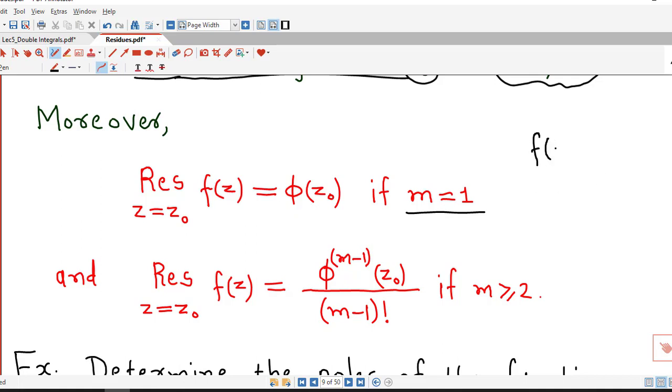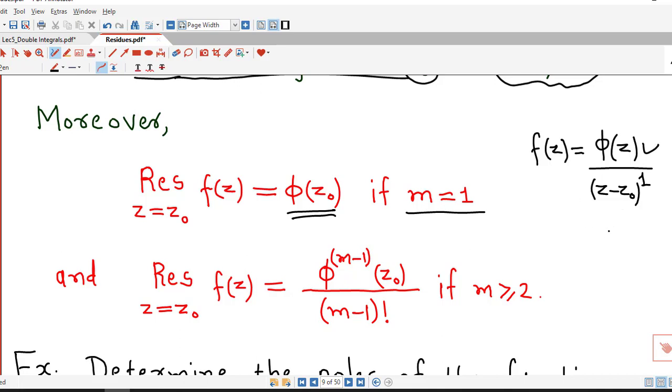So if f of z can be written as phi of z over (z minus z0) to the power 1, then f of z has a pole of order 1 at z0 and the residue of f of z at z0 is nothing but the value of this function phi at z0.